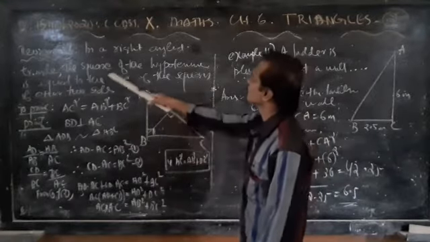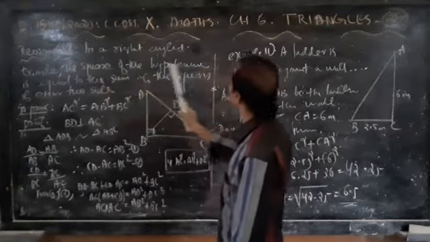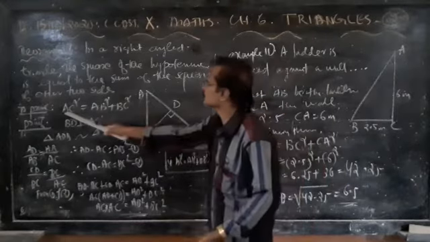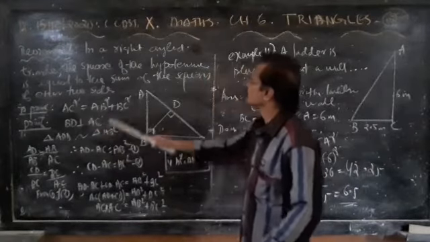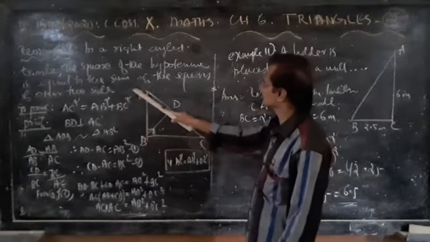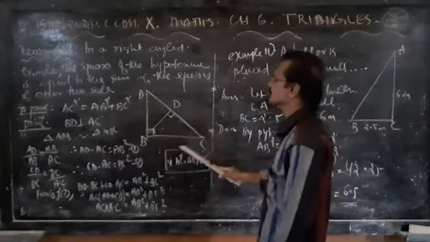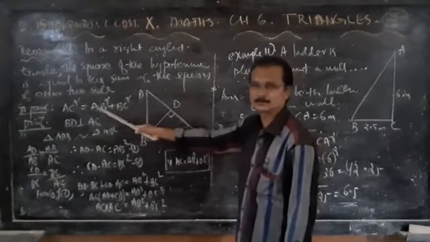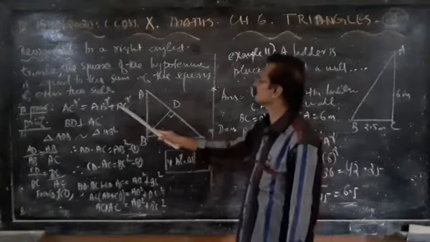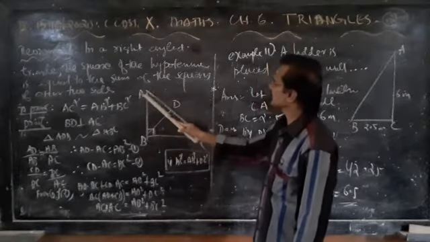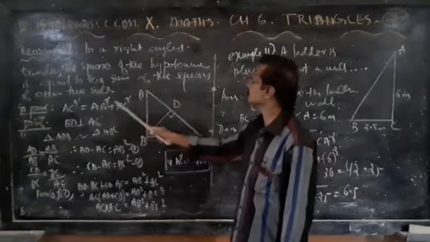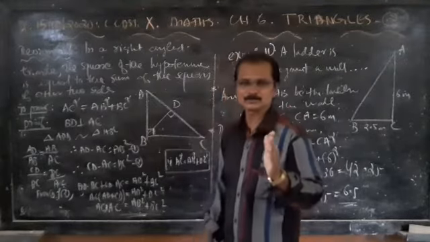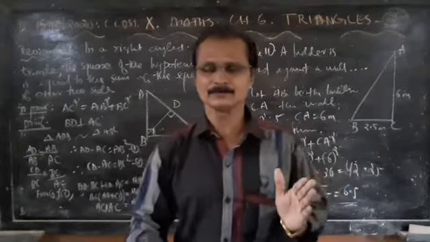The square of the hypotenuse AC, that is AC square, is equal to the sum of the squares of the other two sides, AB and BC. So you can write AC square equal to AB square plus BC square. The square of the hypotenuse is equal to the sum of the squares of the other two sides.